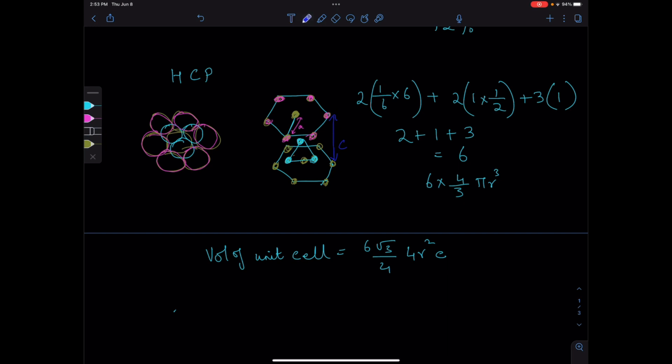It can be shown that c equals 2 root 2 times 2r over root 3.